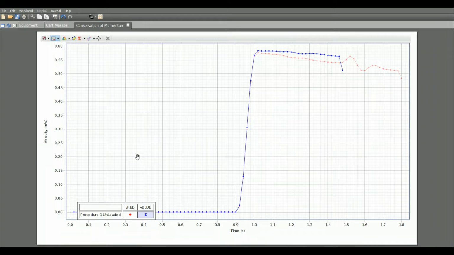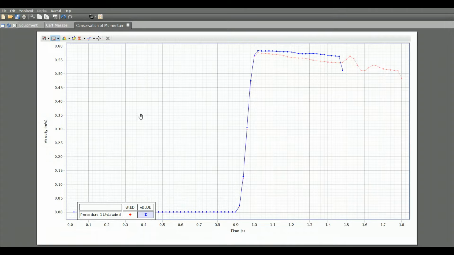Most sensibly, to the right is the positive direction, and assign the cart that's moving in that direction a positive velocity, and the cart that's moving the other way, you have to make it negative, because as I said, momentum is a vector quantity, and these carts moved off in the first procedure in two different directions.